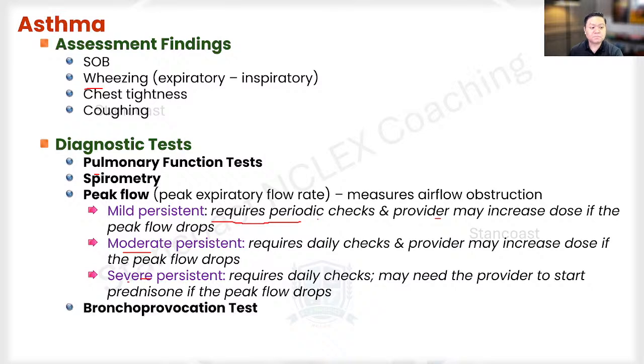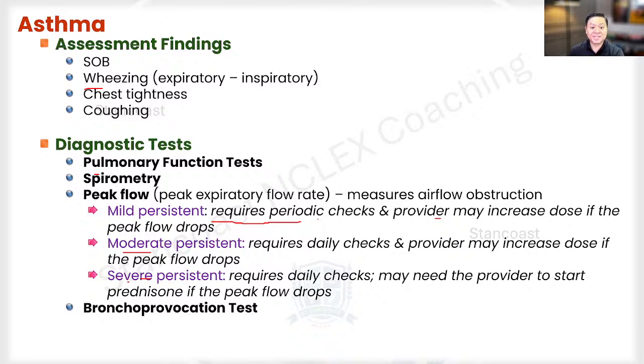Okay. Now there's also the test we call the bronchoprovocation testing. This is a test that will be useful when asthma is suspected, but maybe the pulmonary function tests are quite inconclusive. This is going to assess the airways narrowing in response to a stimulus.